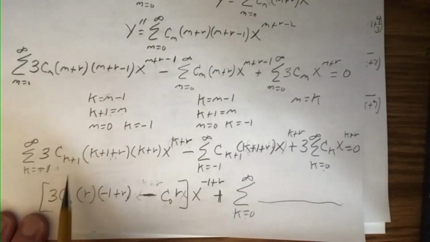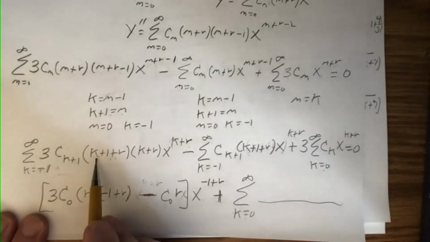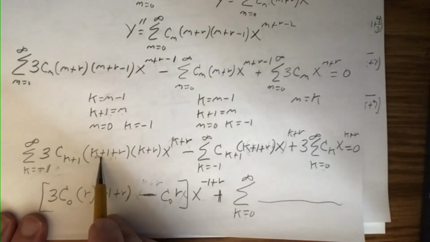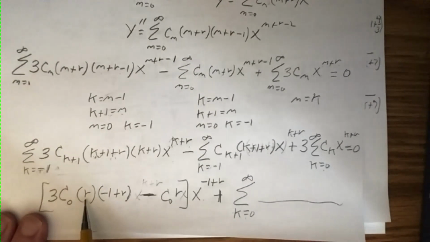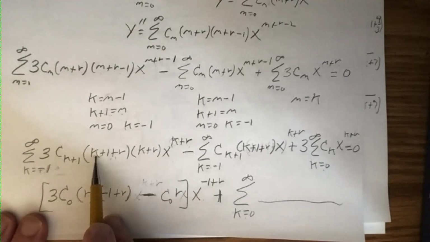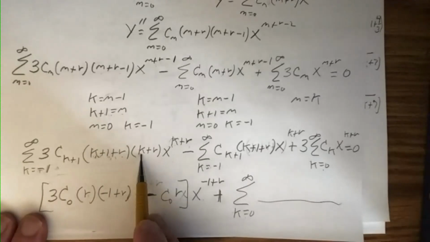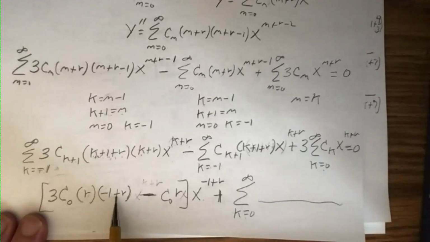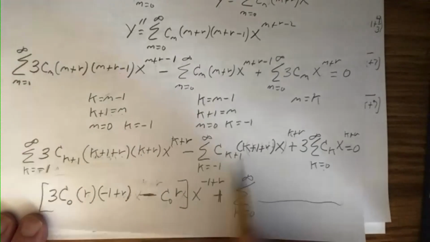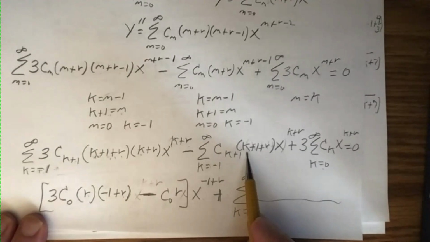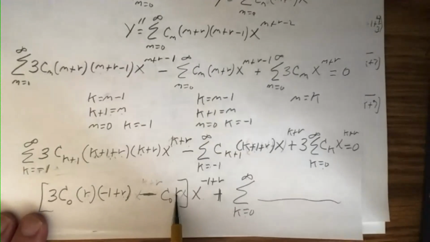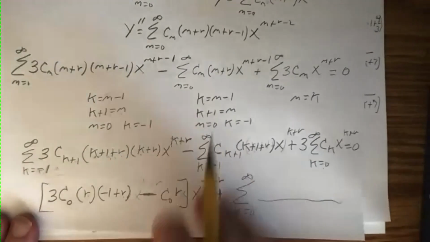When I put -1 in here, that's just going to give me R, because -1 + 1 is 0, so that gives me R. And I put the -1 in here, so that gives me the -1 + R, right? And then here, I'm putting in a -1, so that's just giving me R, right? Okay. So then what we do, where's the next page? This is the next page.